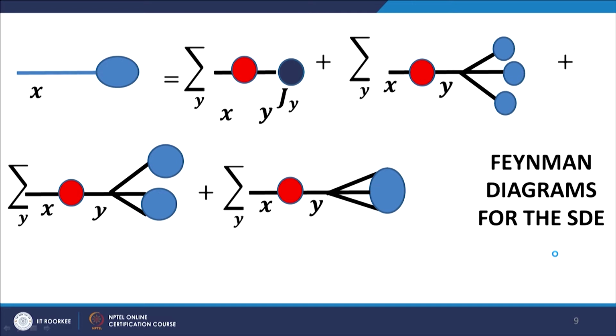The first diagram represents the fact that the incoming field gets propagated to a new field phi at the space time point y, phi(y), and then it encounters the source J(y).